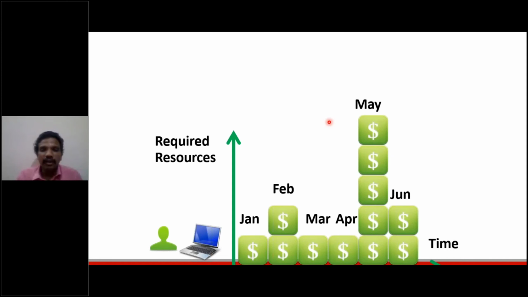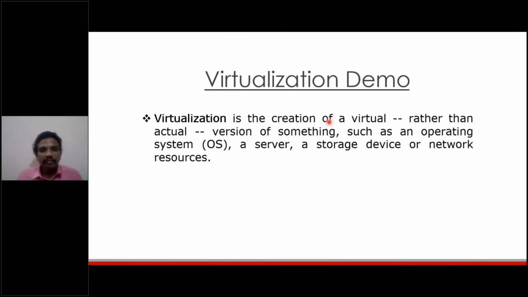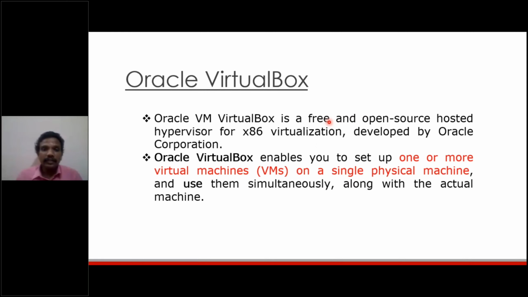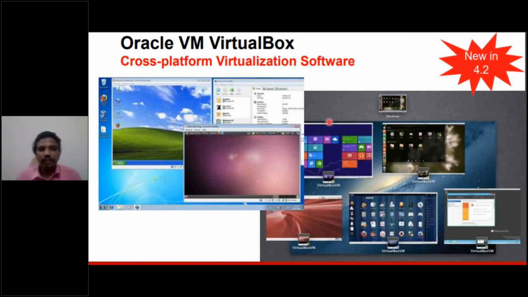I'm giving a small example of virtualization using Oracle VirtualBox. You can create multiple operating systems in a single window and deploy them directly. Oracle VirtualBox provides that environment. You just install the software.